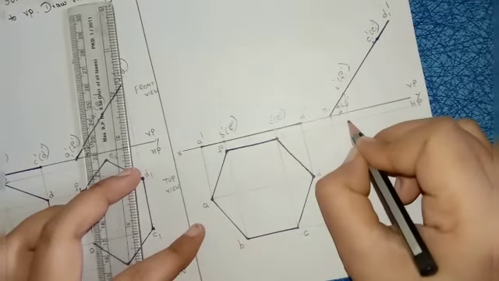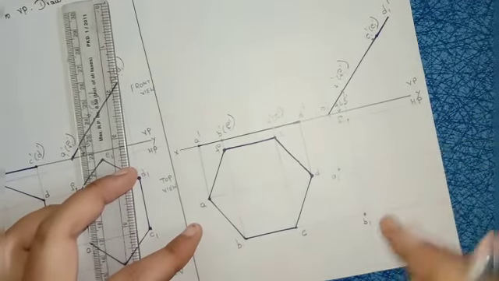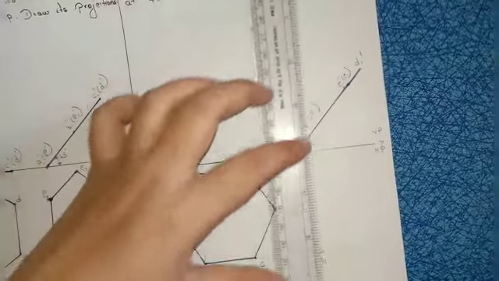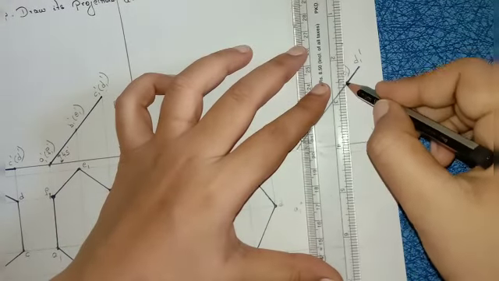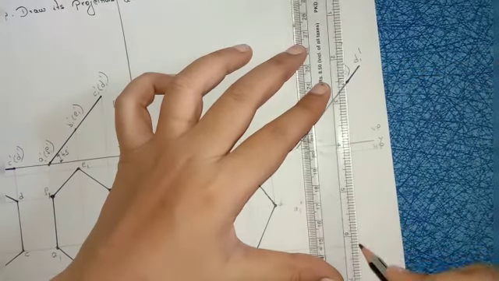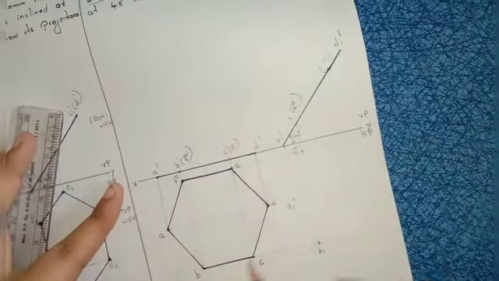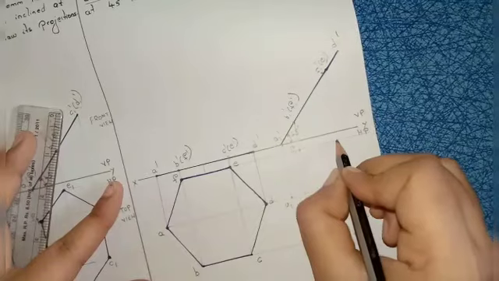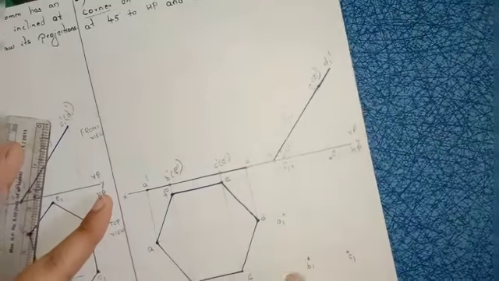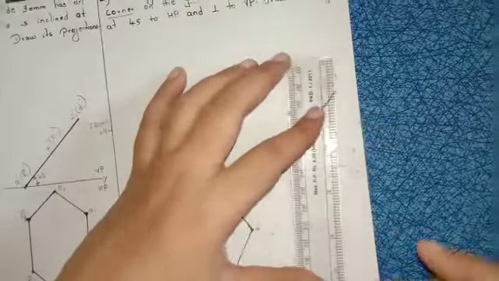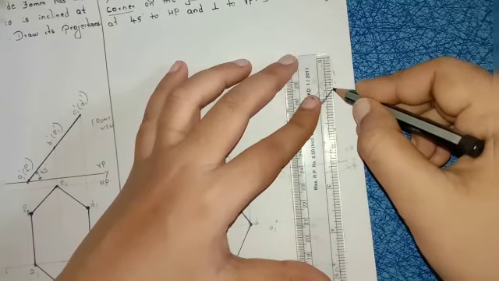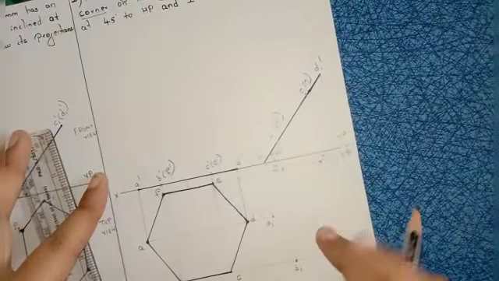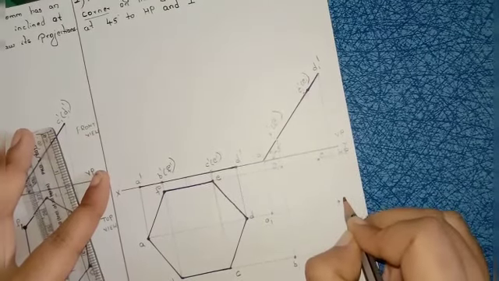Next is F point, I will name it as F1. After that, from C and E I will draw a straight line. I will name this point as C1. E to E I will name this point as E1. Again from D draw a straight line till D, name this point as D1.